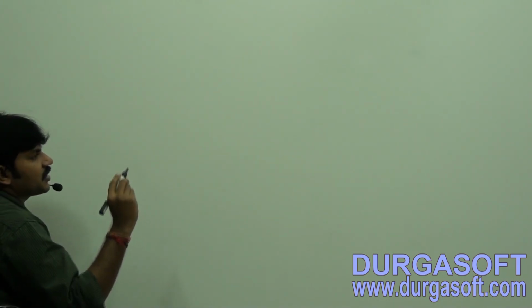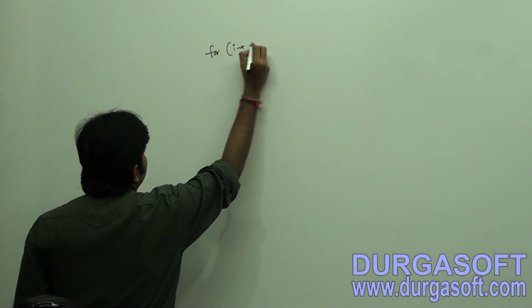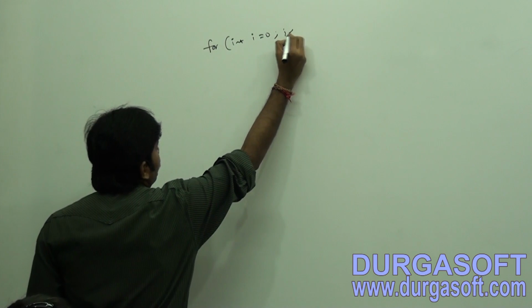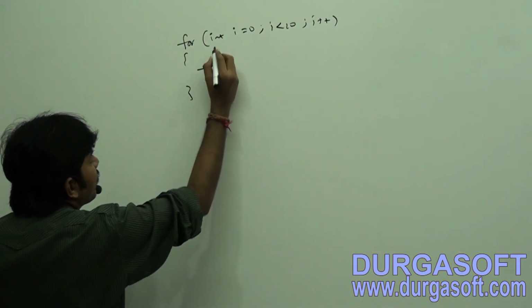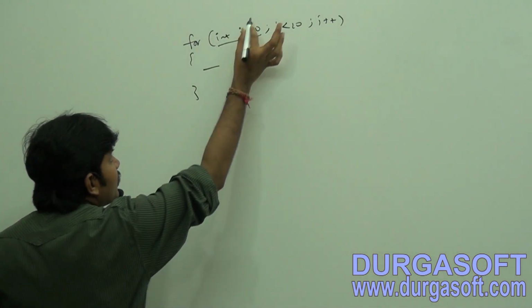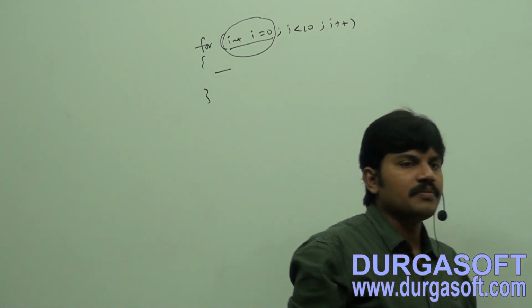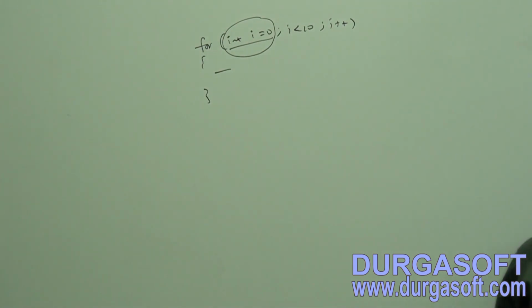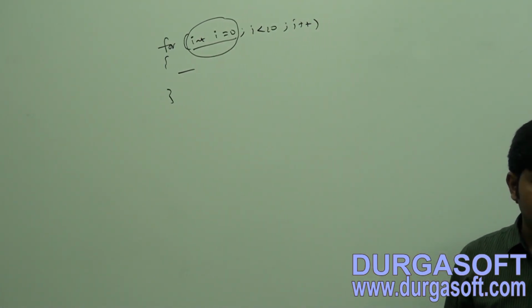Here I am taking the initialization section. This part is the initialization section, then i < 10, i++. Can you tell this part will be executed how many times? Only once. This part will be executed only once in the for loop life cycle, right?